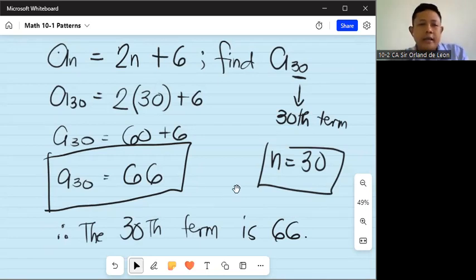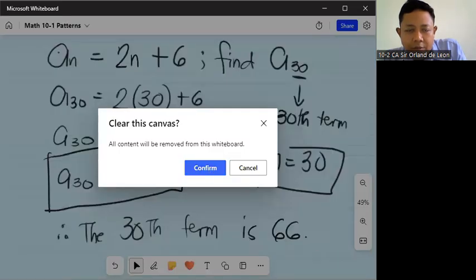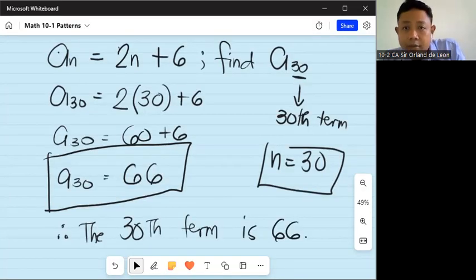Nice. Okay. Since we are done with this, let's have another example. I will give an example and please answer. I hope you are writing with me in your notebook, or some might be taking a screenshot. Please do so for us to facilitate our faster taking of notes. Ready?